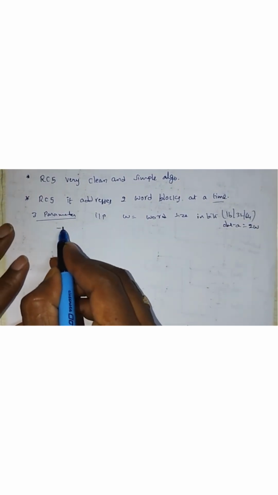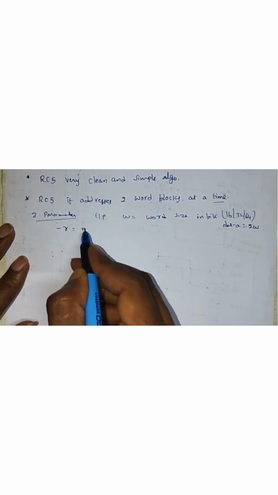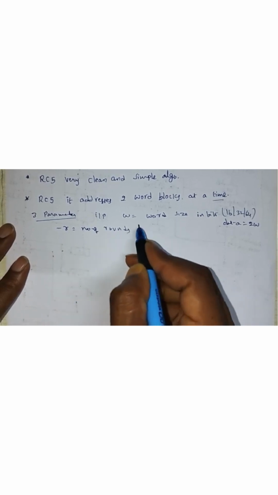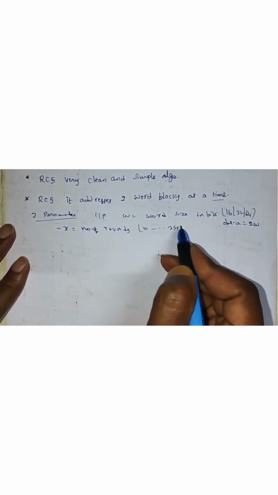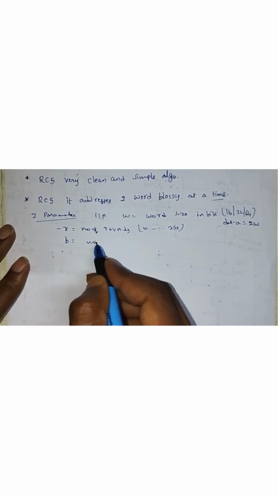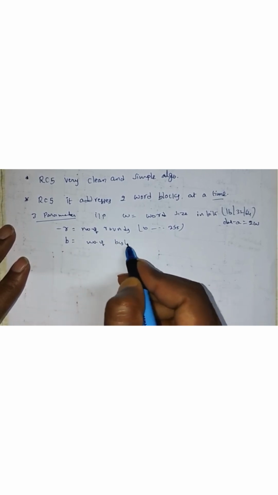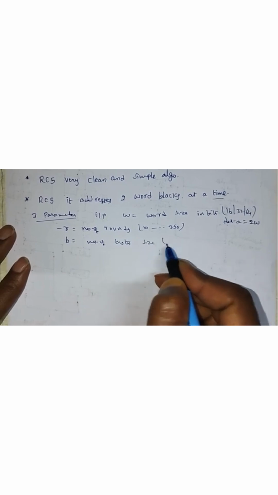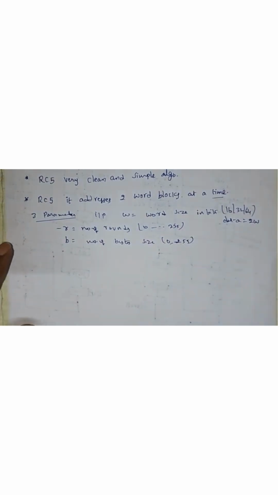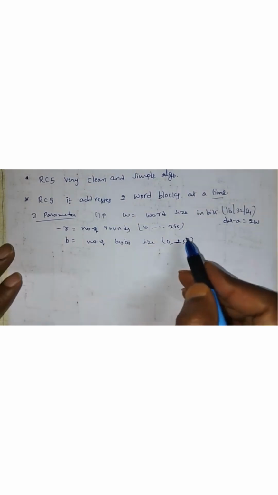The second is R, the number of rounds, which is 0 to 255. The third is B, the number of bytes in the key, which is 0 to 255. The nominal version of RC5 is about customized parameters.